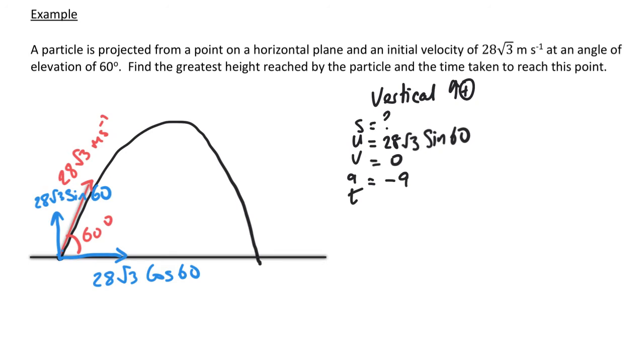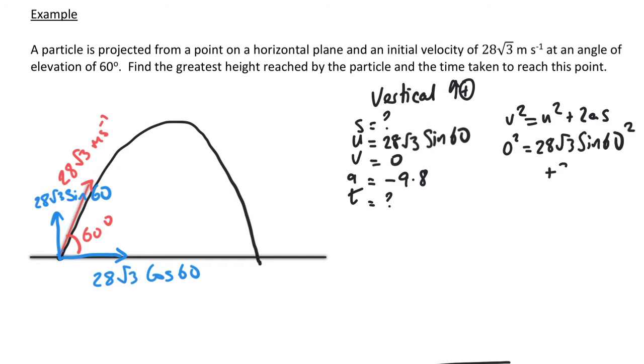The acceleration is minus 9.8, and we are also trying to work out the time, so we can do that as a secondary issue. So with s, u, v and a, we've got the equation v squared equals u squared plus 2as. v squared is 0 squared, u is 28 root 3 sine 60, squared, plus 2 times minus 9.8 times s.